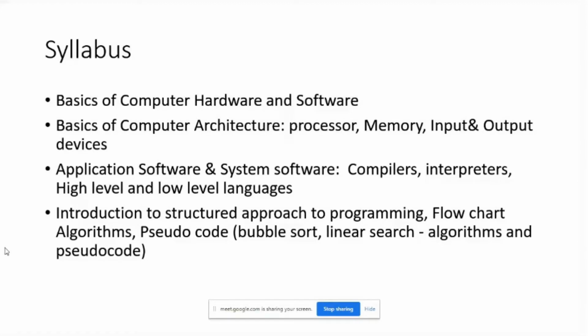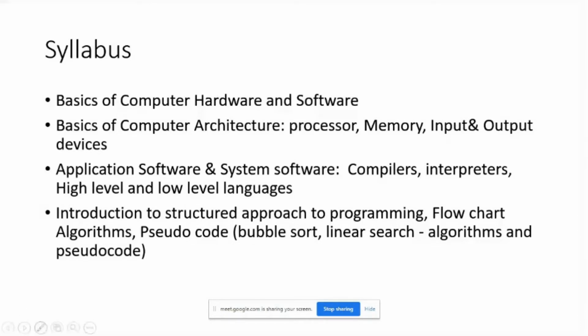Then flowchart, algorithms, pseudocode. Actually, these are the different variants of the same thing. Then the flowchart, algorithms, and pseudocode of two different algorithms, that is bubble sort and linear search. So this is within the first module.